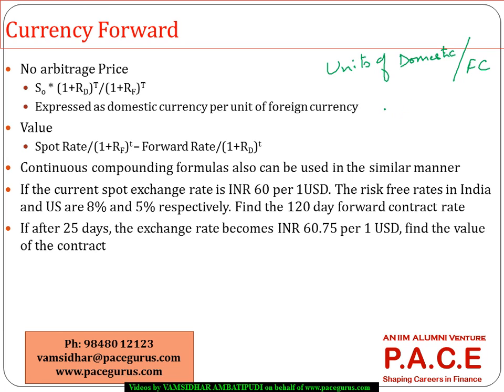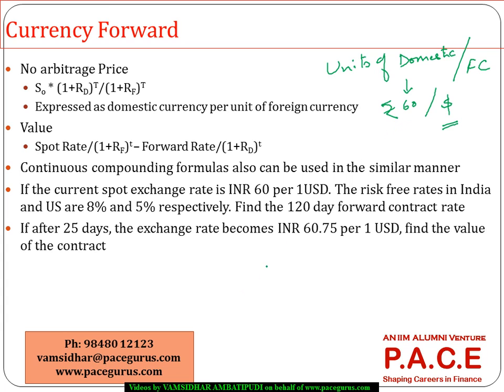Generally we say, okay, 60 rupees a dollar. If I am an Indian, I would be quoting that it is 60 rupees per dollar. So per 1 unit of foreign currency, I am looking at the number of units of domestic currency.